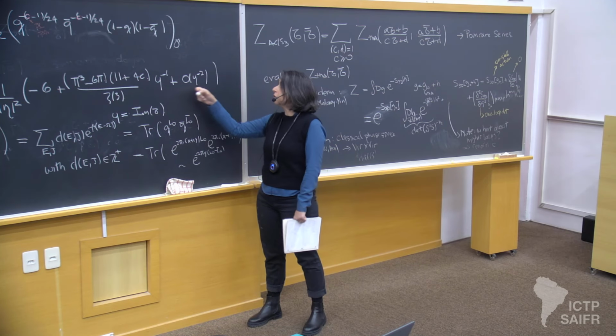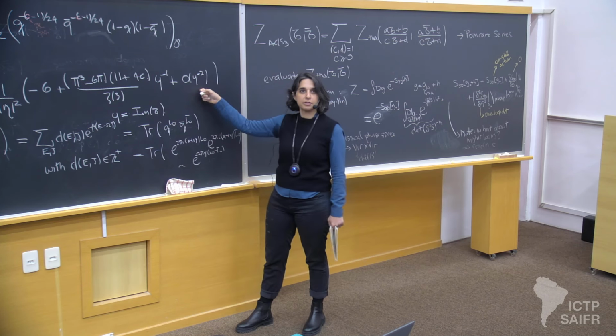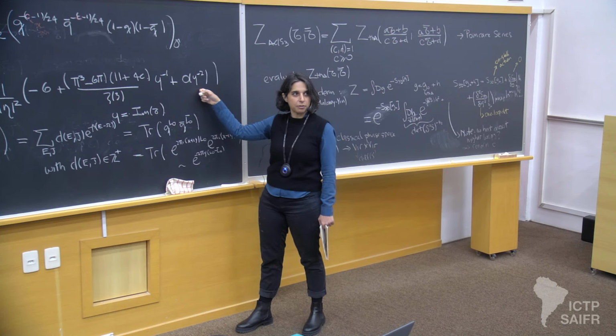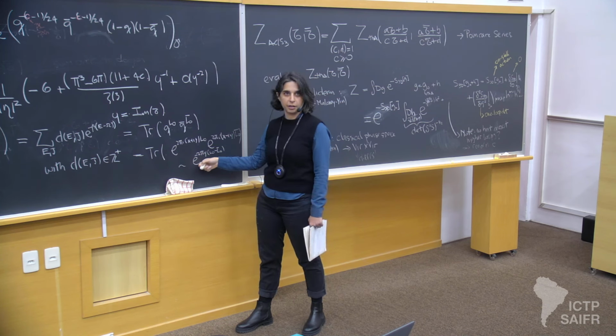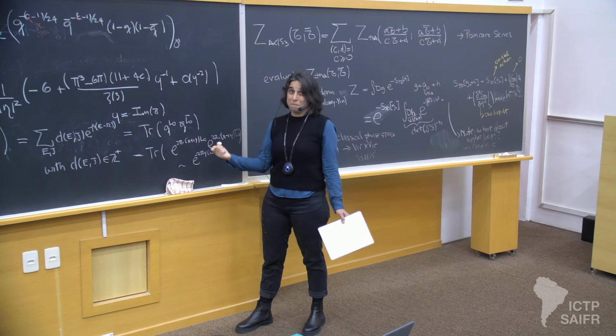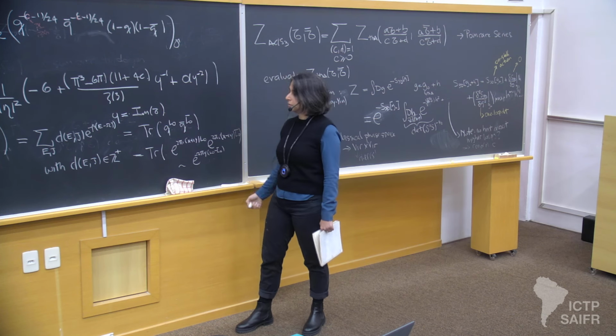Maybe you're not fully convinced by this, but the first reason is because you have these inverse powers of y, and so you will not be able to resum it in terms of decaying exponentials. But the most annoying thing, well, there are two annoying things.